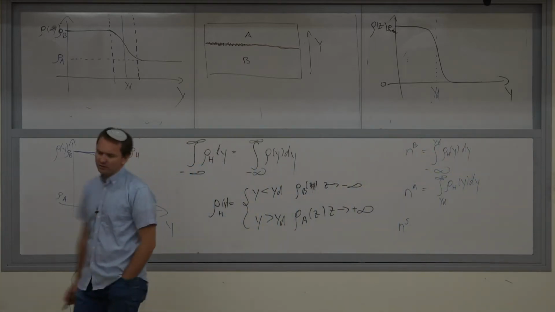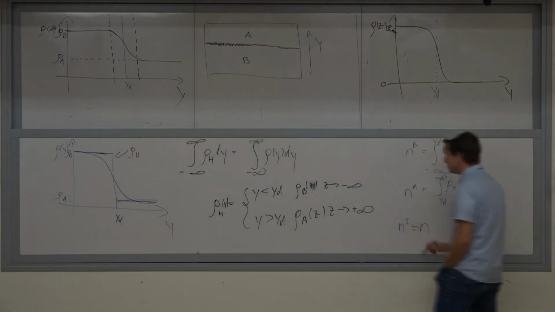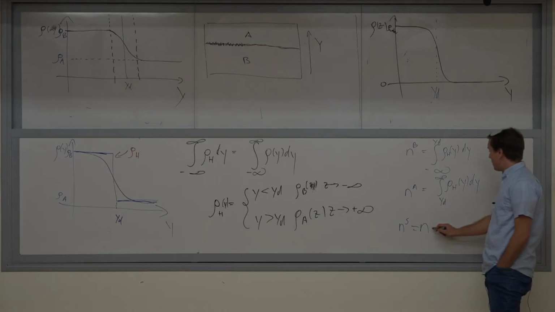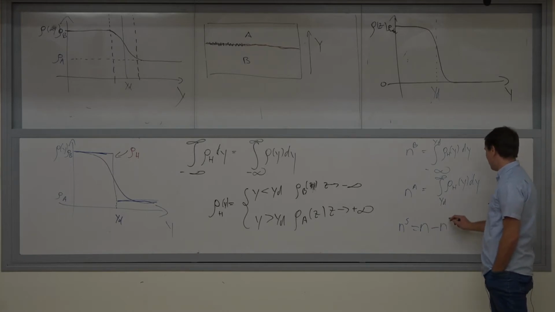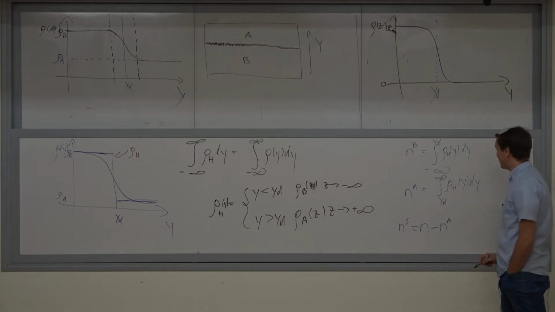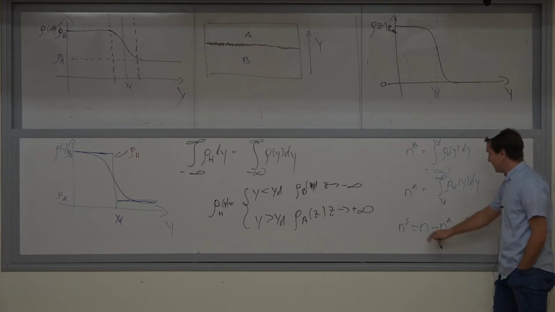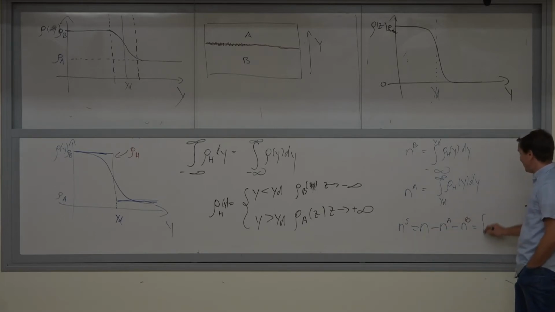The number of particles at the surface equals the total number of particles minus the particles in phase A minus the number of particles in phase B.